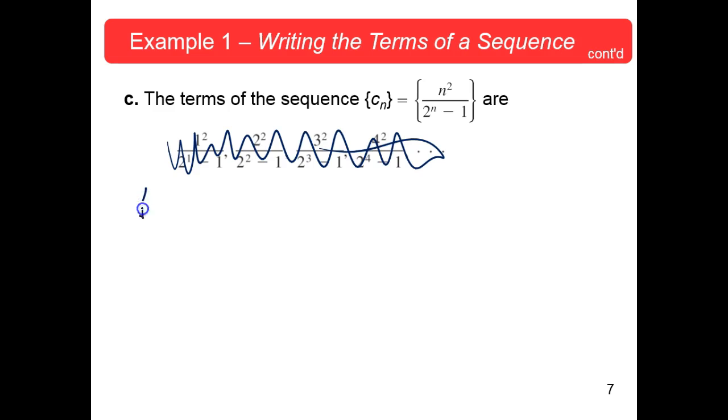Let's do 1 mapping onto what? 1 over, which is 1. Okay. 2 maps onto what? 4 over 3. Okay.